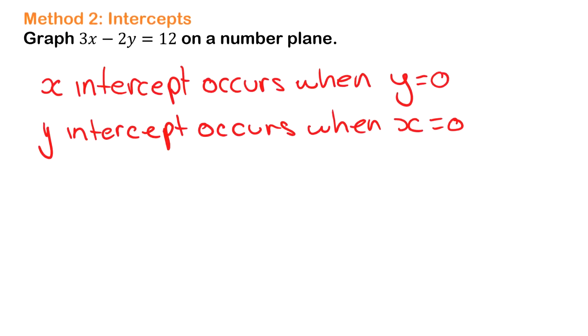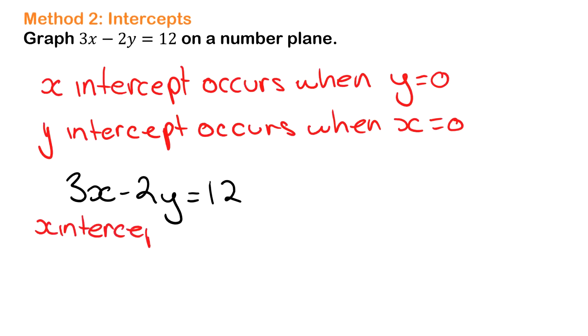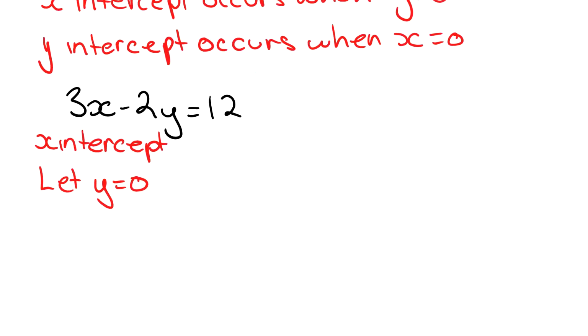So if I write out my equation first, 3x minus 2y equals 12, I'm going to find the x-intercept first. I know that occurs when y equals 0. So all I need to do is replace that y with 0, so we get 3x take away 2 times 0 equals 12.